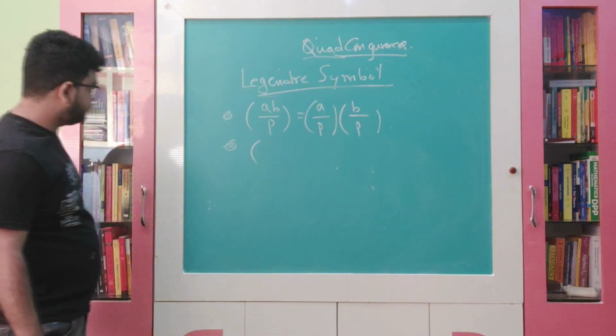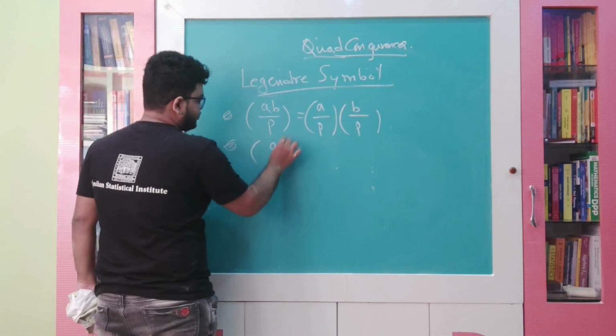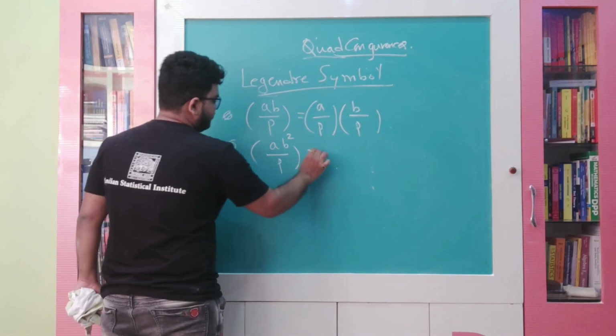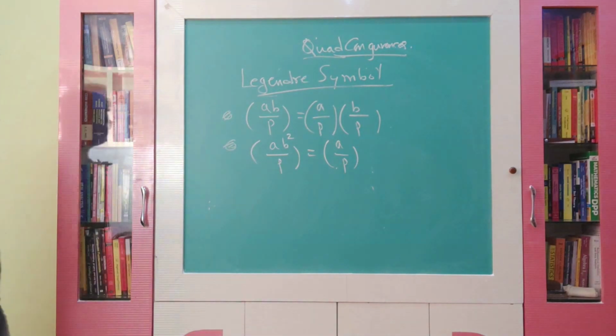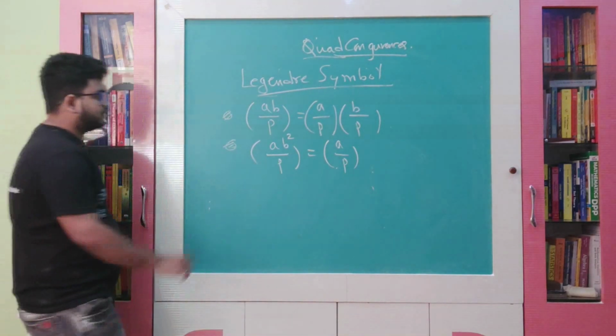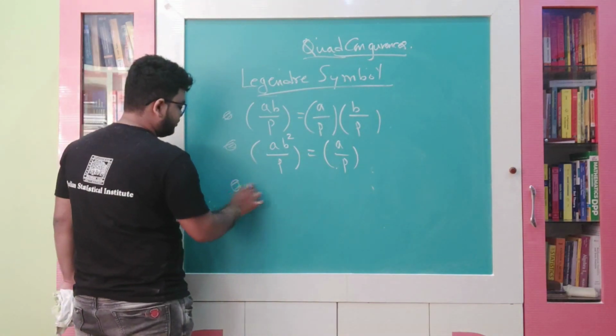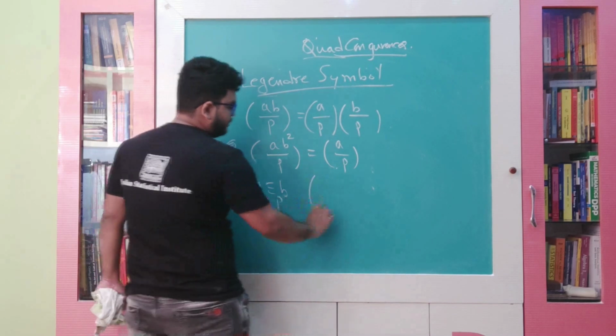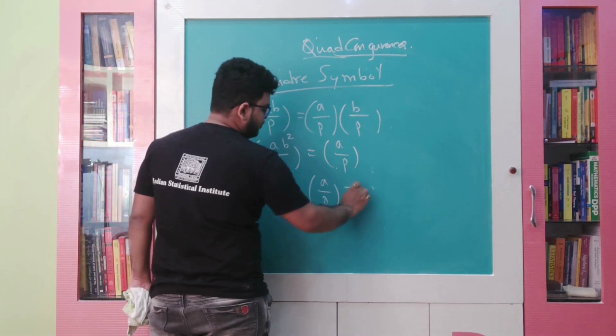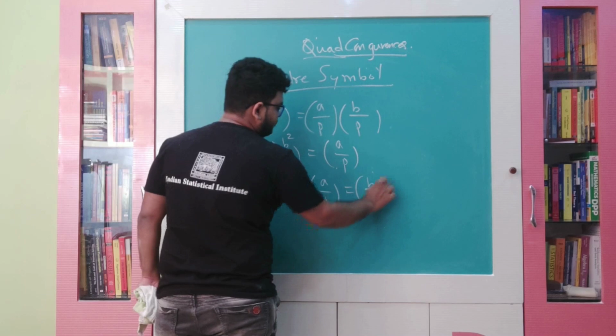The second property: (a b squared / p) is (a/p). Third property: if a is congruent to b mod p, then (a/p) equals (b/p).